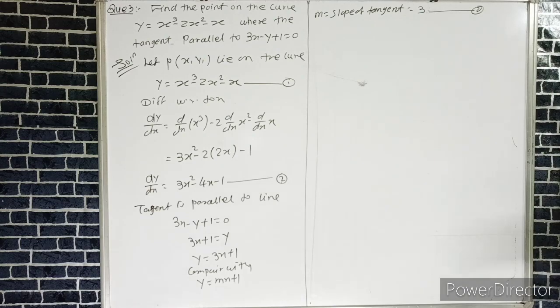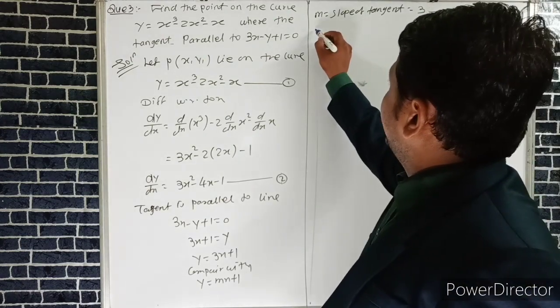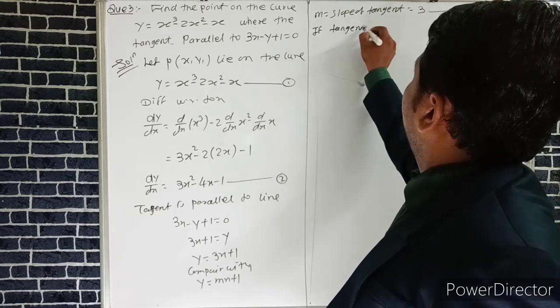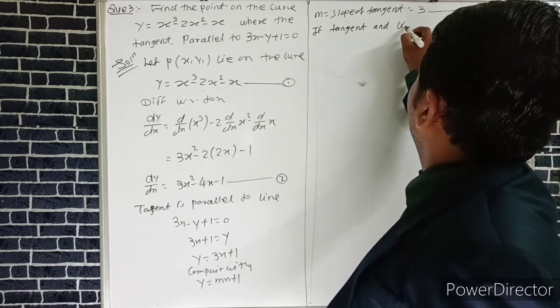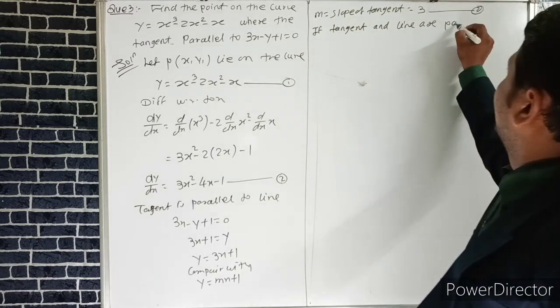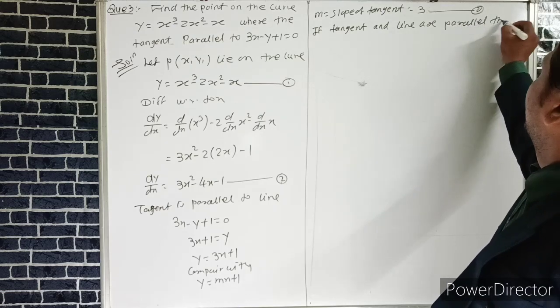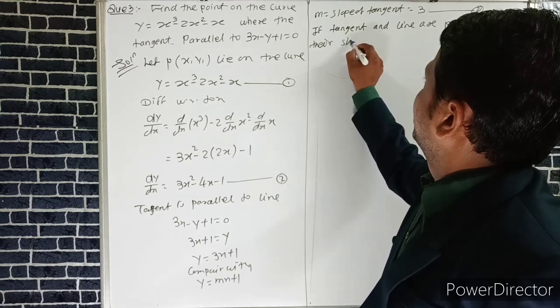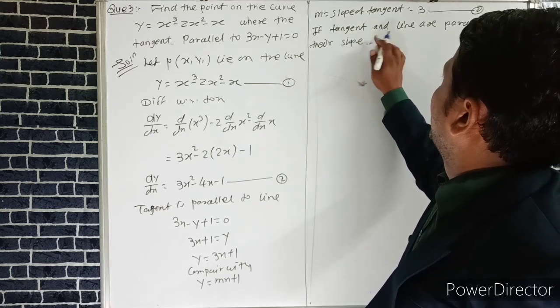Here m is the slope. We know that if the tangent and the line are parallel, then their slopes are equal.